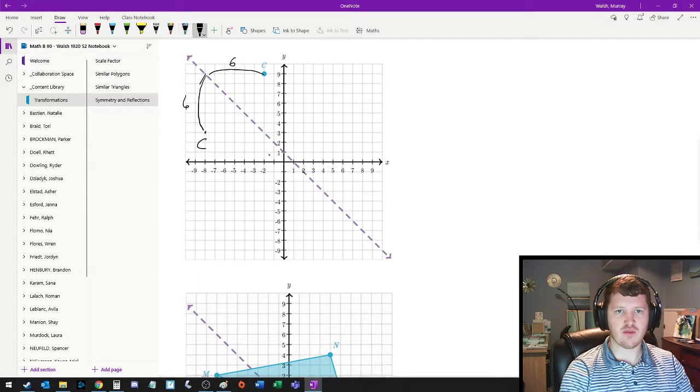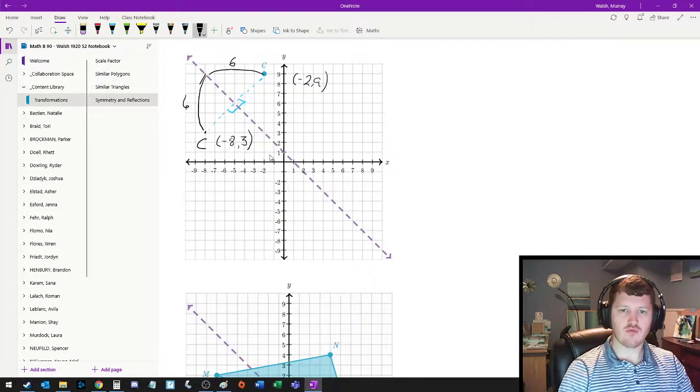And now if we think about that line that I was nervous about drawing earlier, we can still see that it is a straight line from C to C prime. So this would be our reflected point from C to C prime. It went from -2 and 9 over to -8 and 3.